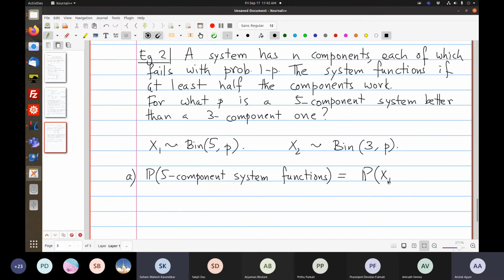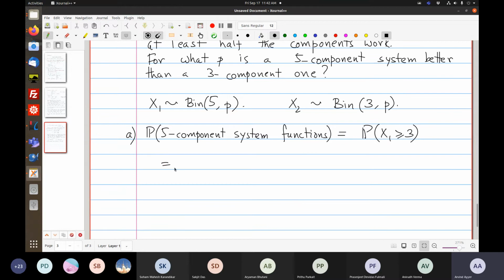Can you say it compactly? x1 is greater than or equal to 3. It amounts to the same thing. So this is the sum over i equal to 3 to 5 of 5 choose i, p to the i, 1 minus p to the 5 minus i.